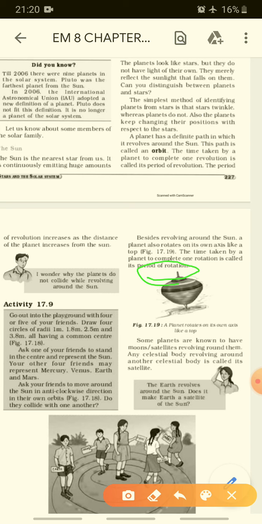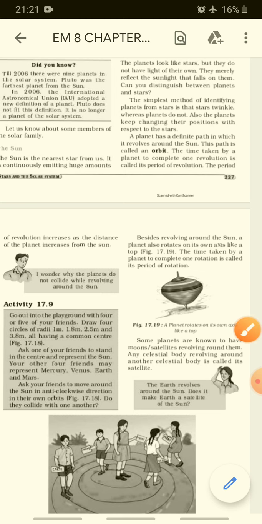So we learned orbit, and period of revolution: the greater the distance, the more time it takes to revolve around the sun. And the third is the time taken by a planet to complete one rotation, known as the period of rotation. It rotates on its own axis like a top.